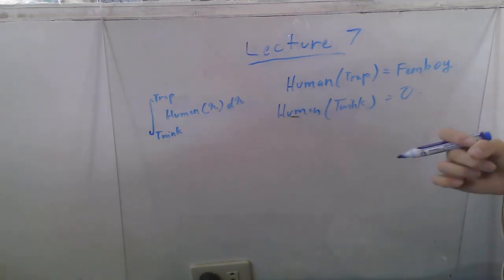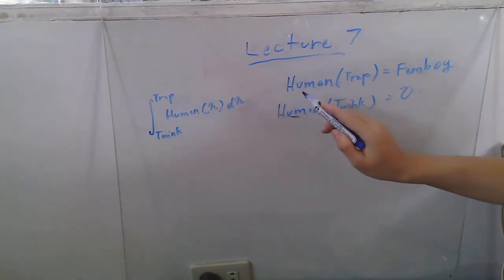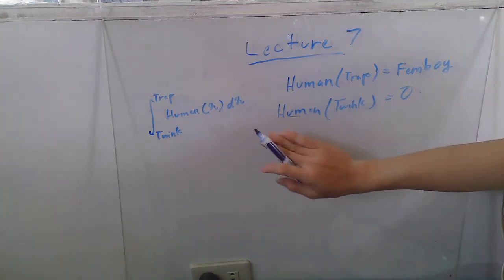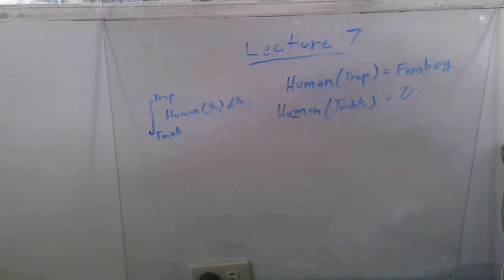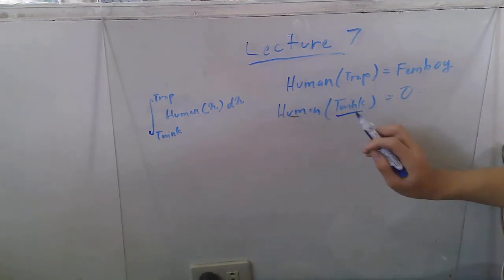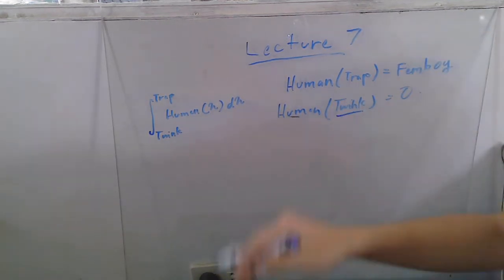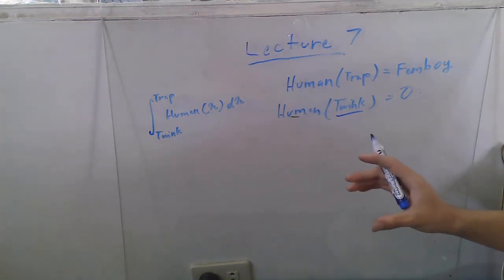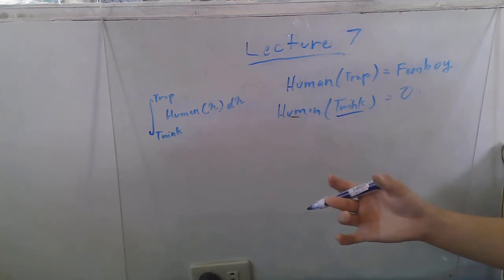And if we try to take the human of femboy, it would also vanish to 0, right? So the human of anything that's already real and humanized is just 0. It vanishes. And in mathematics, when we say something vanishes, it disappears and becomes 0.